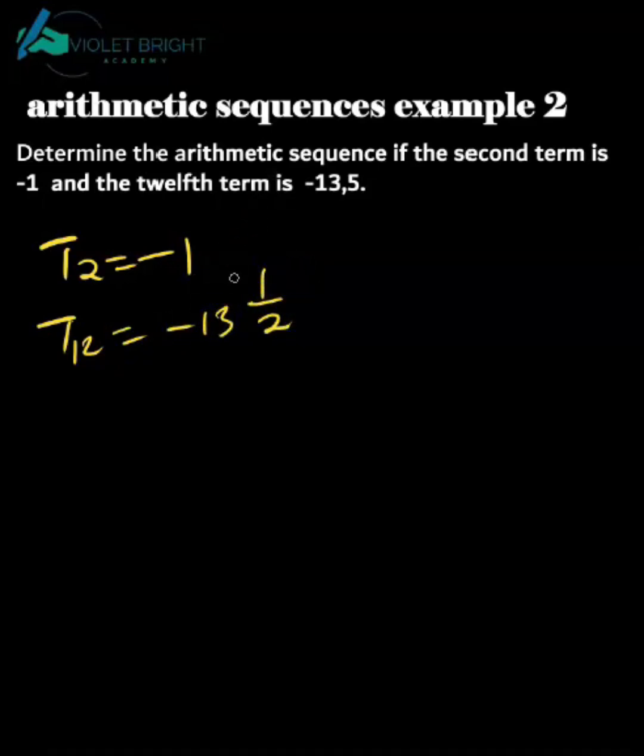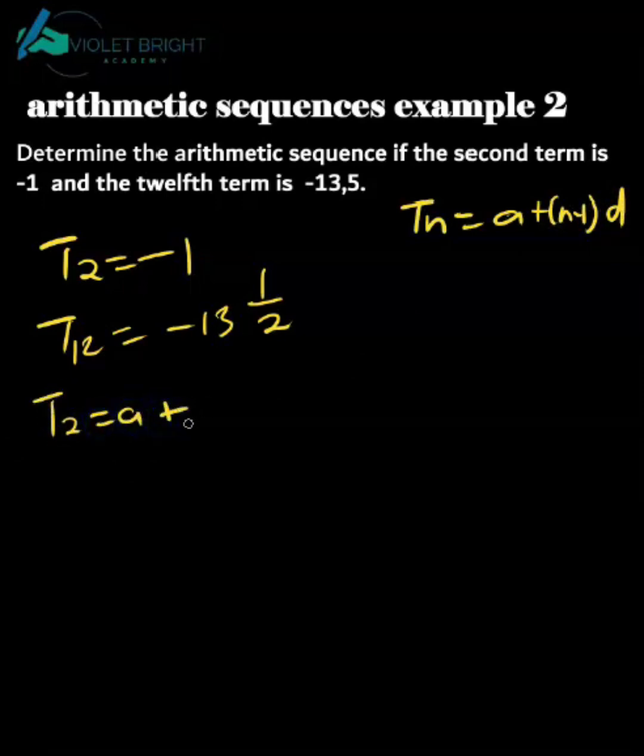So now we should find the sequence, which means we should find the general formula of this whole sequence. So now, do you still remember this? So we're going to use them to try to find our a and d. So it's a plus 11d.